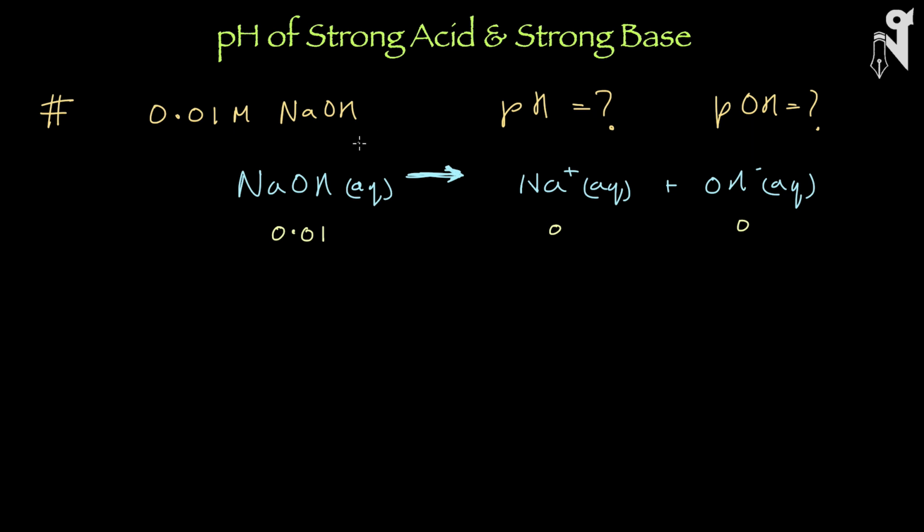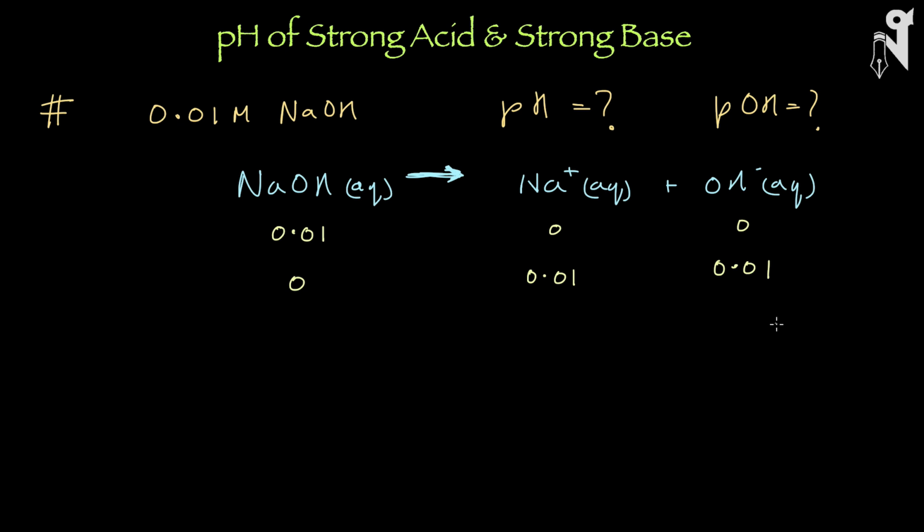When that got mixed and we had that 1 liter solution, that solution never had NaOH, because as soon as it mixes, it is going to dissociate fully and give you Na plus and OH minus, according to the balanced reaction.